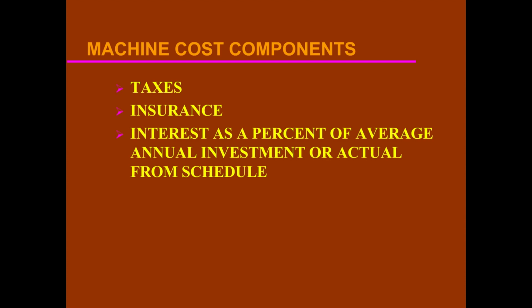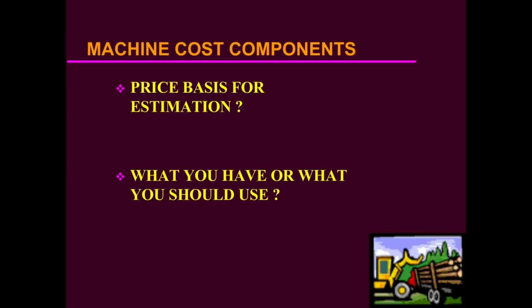If you take the average value of the house, that's your average annual investment, and that's what we do with equipment as well. For the first 2 years of a 5-year life, you're paying all interest. Then you're paying on principal. So we take the average annual investment and ask what the interest is on average for that equipment for that year. That's how we calculate that for our machine costs.